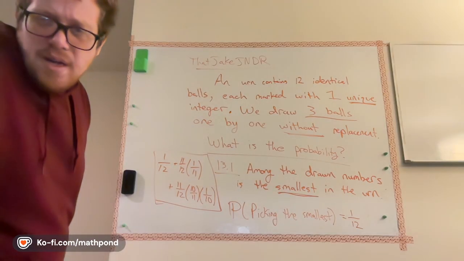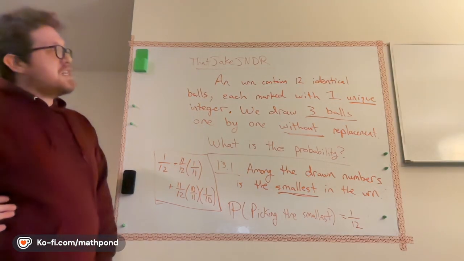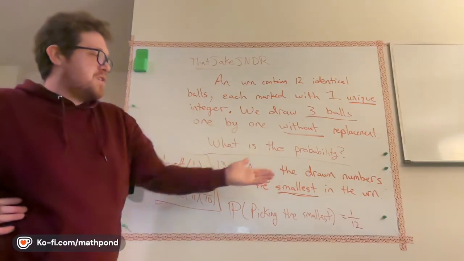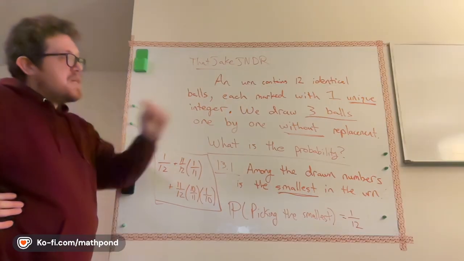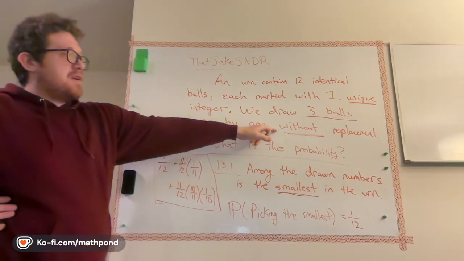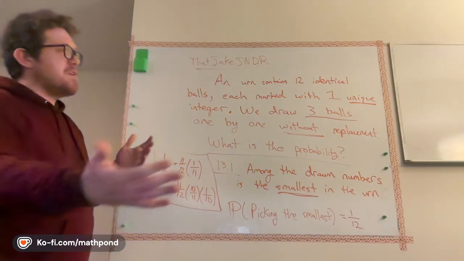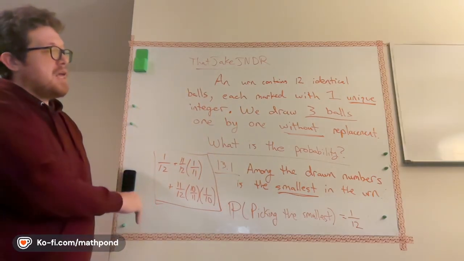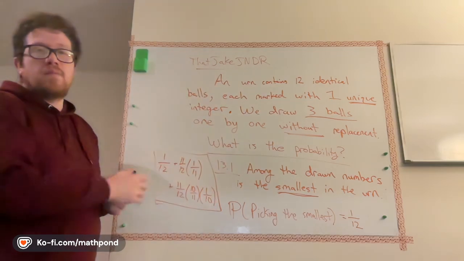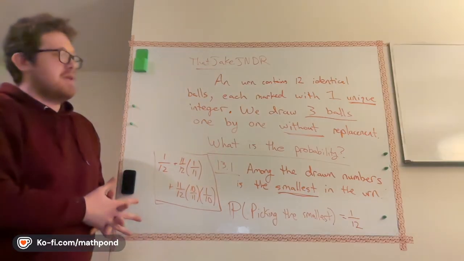I think it's just picking 3 out of 12. Yeah, that's what I'm thinking. Like if we changed it to 6 balls without replacement, would it just be 6 out of 12? I think it would. So maybe if you change this to with, then it gets more complicated. Because if it's without replacement, it just seems like you're picking some proportion of the balls, and whatever the chance is that you get it on one of the balls, if you pick multiple balls, it should just multiply the probability.